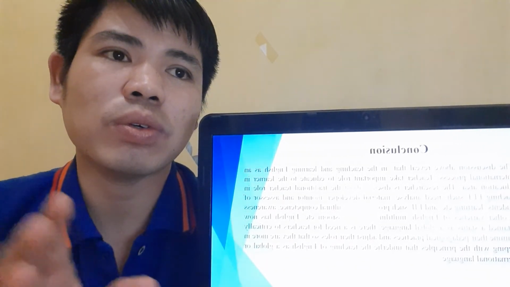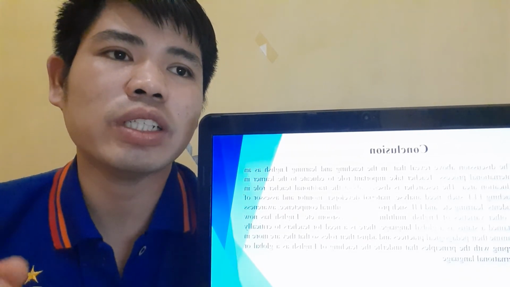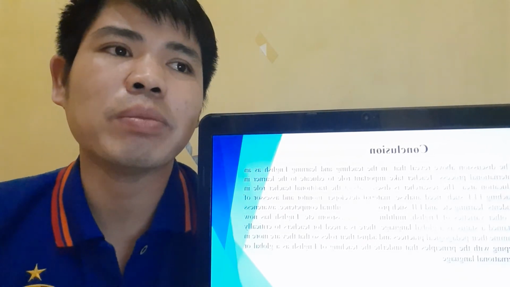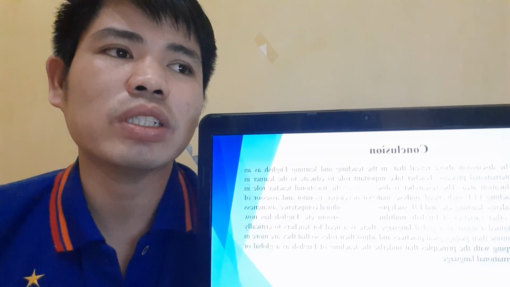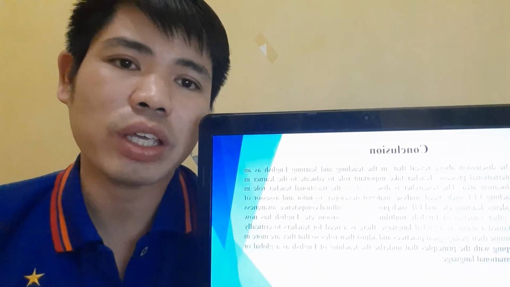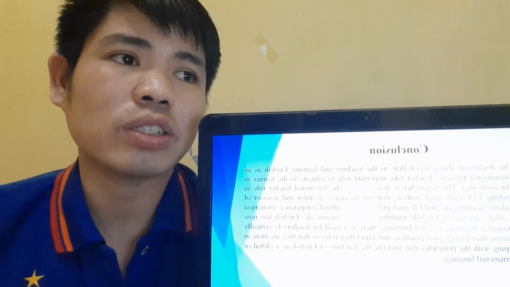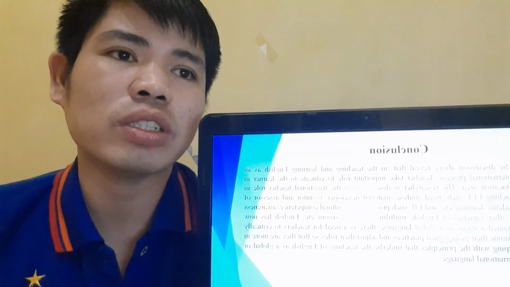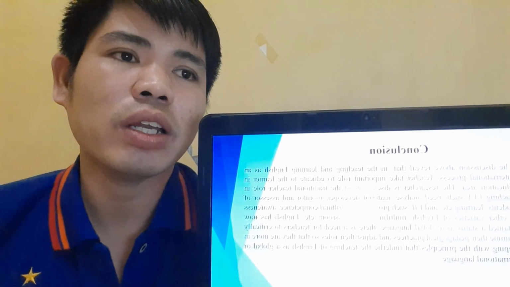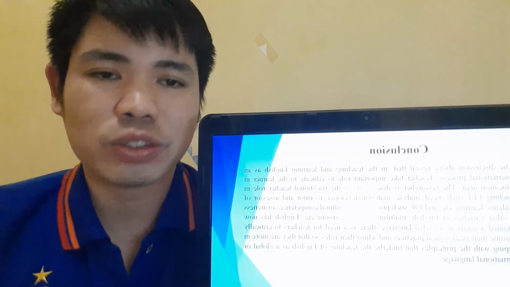For example, for ELT they are needs analyst, material developer, monitor and assessor. For EIL they are promoting intercultural competence and awareness of other varieties of English besides the mother tongue in the classroom.